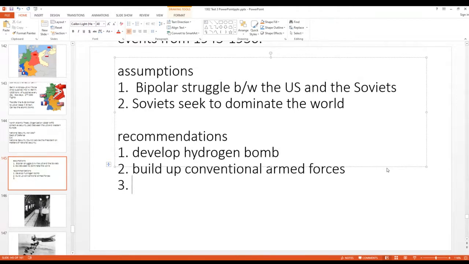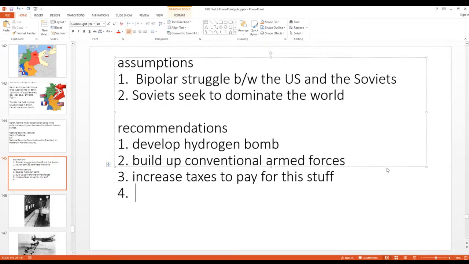3, increase taxes to pay for all this stuff. 4, increase collective security with more nations.